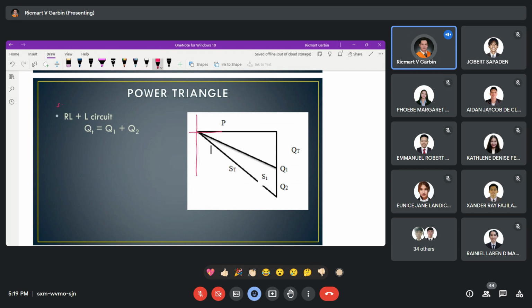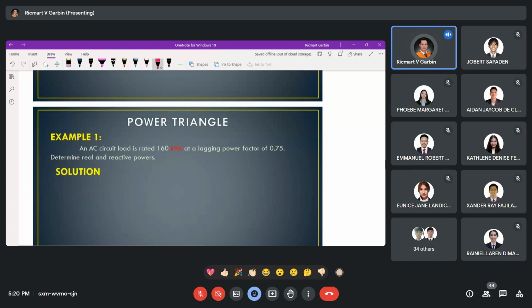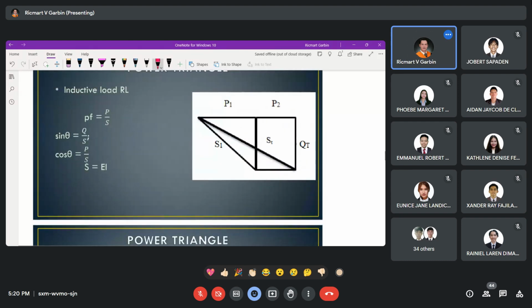S is equal to P1 plus jQ1. Tapos dahil L circuit lang yan, Q2, kaya pagkapunta ng real power, bababa siya ng Q1, tapos mag-a-add ka ng Q2. So, yung Q total, tapos ito ngayon yung S total. Parang ina-add lang naman yan. Okay?